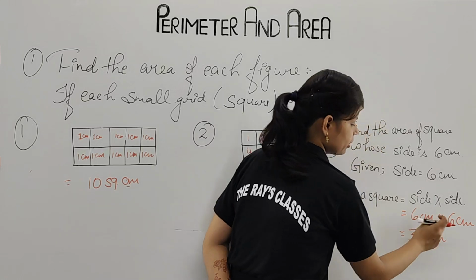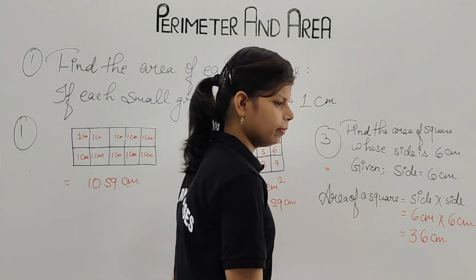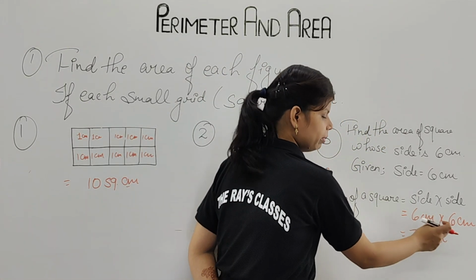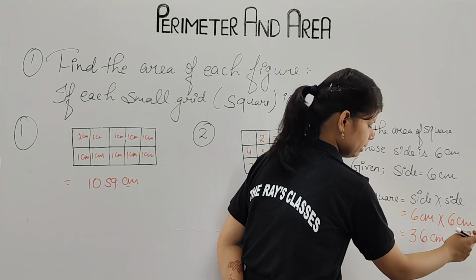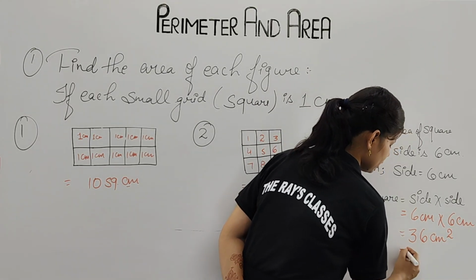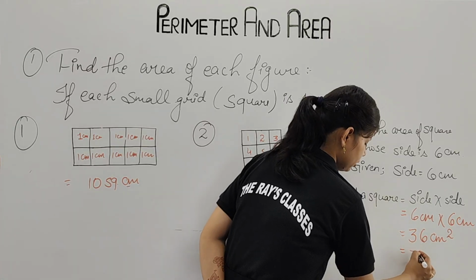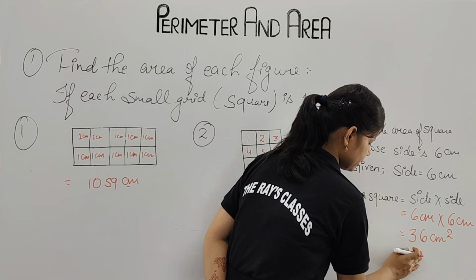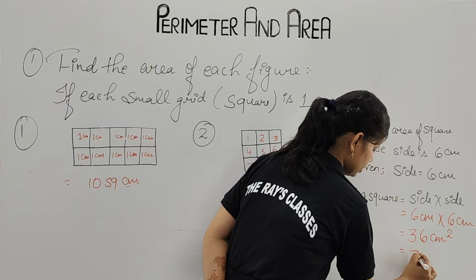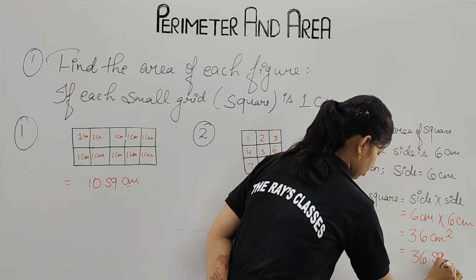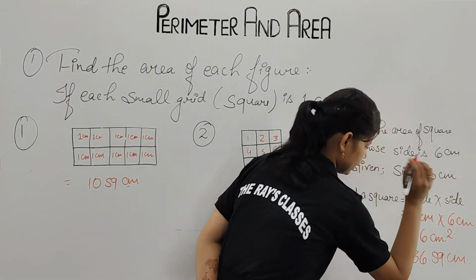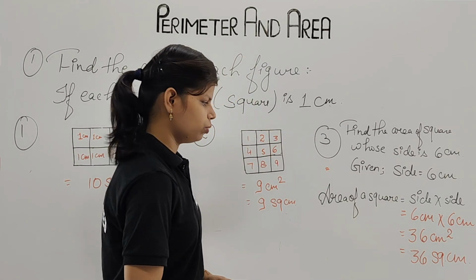But I told you already, when you find the area of a figure, centimeter multiplied by centimeter gives centimeter square, which can also be written as 36 square centimeter. Understood?